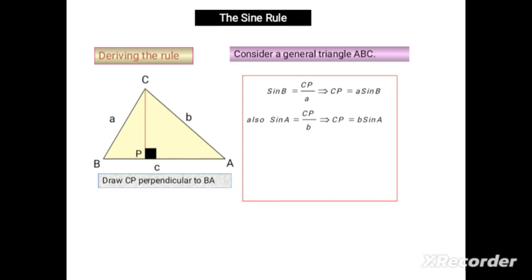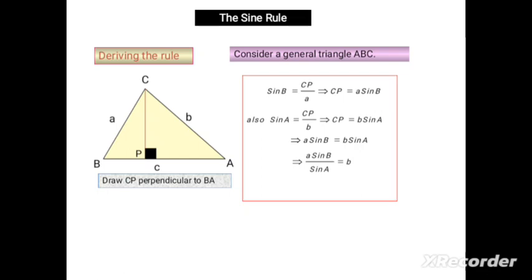Also, sine A is equal to CP over b, the other hypotenuse. And that will get us CP, that is the height, to be b sine A. Because the perpendicular height is a common height for this triangle ABC, it implies that a sine B equals b sine A. We equate their lengths.